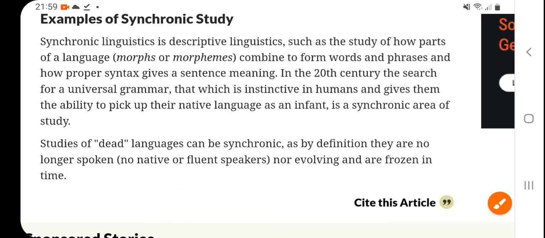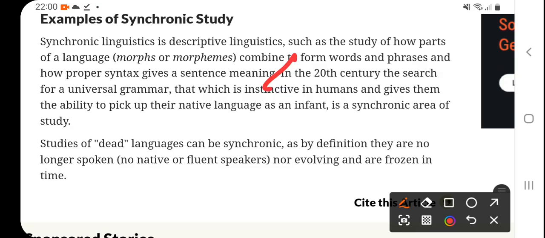In the 20th century, the search for a universal grammar, which is instinctive in humans and gives them the ability to pick up their native language as an infant, is a synchronic area of study.